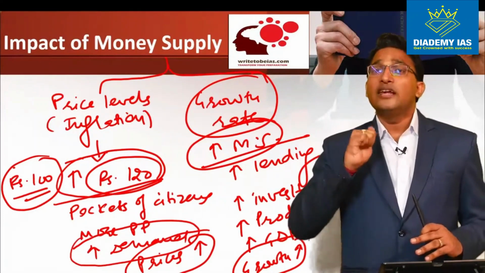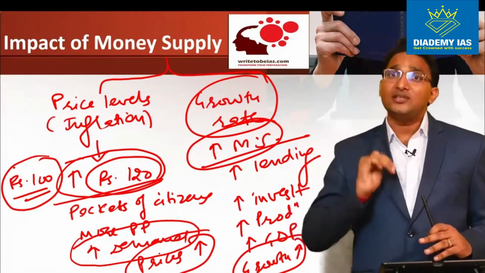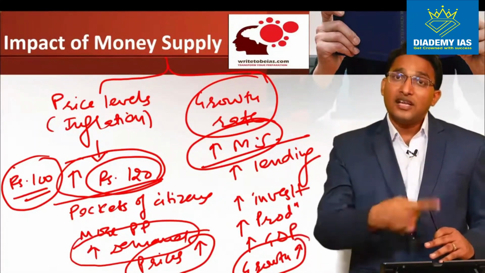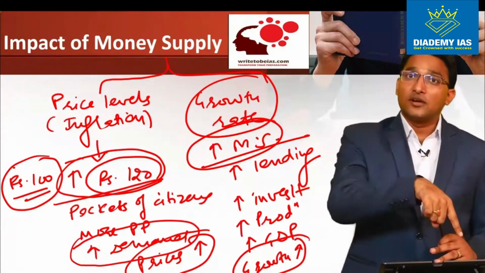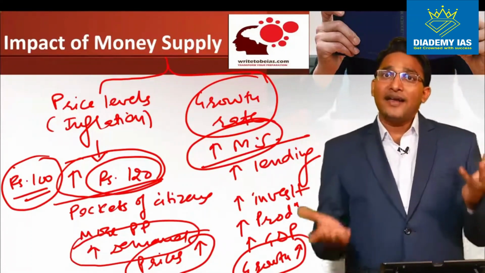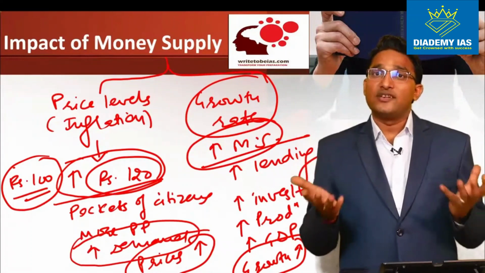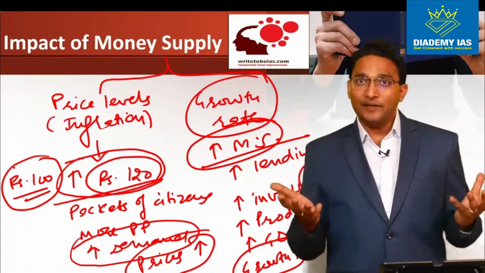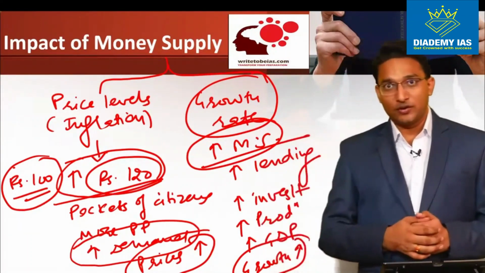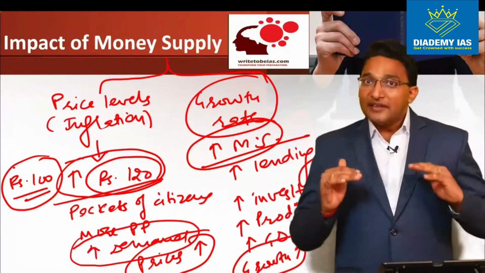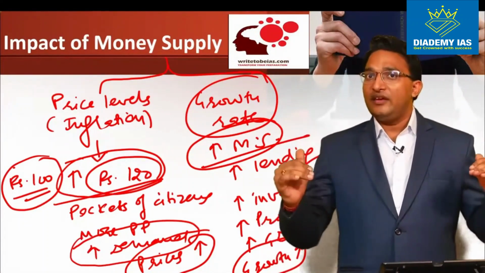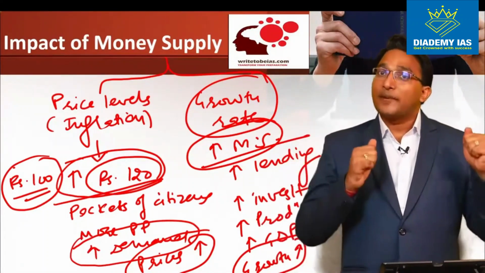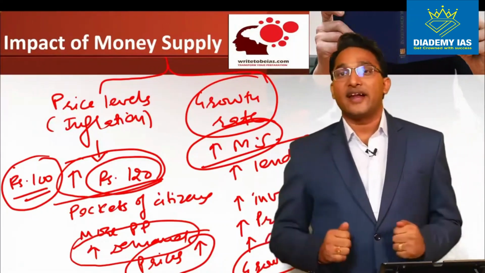The supply is not immediately enhanced. It is enhanced in the long term. However, the demand is enhanced in the short term. Therefore, the demand and supply mismatch is always there. Right? So I think this point must be very clear to you now. So at this level, we can clearly see that both the price level and the growth rate are directly impacted.